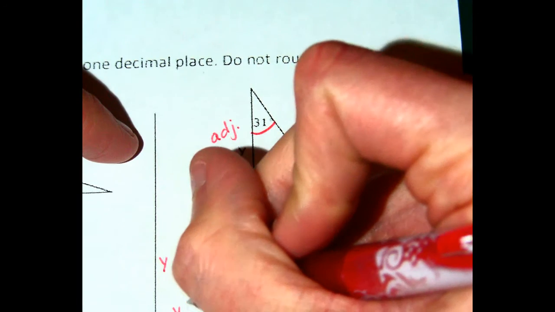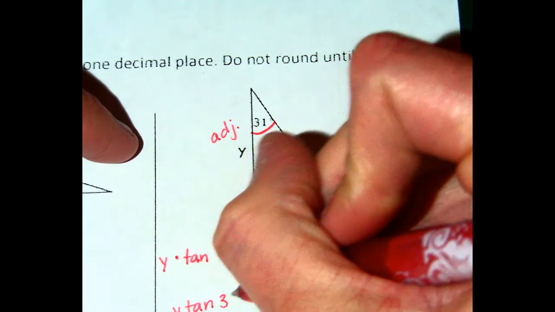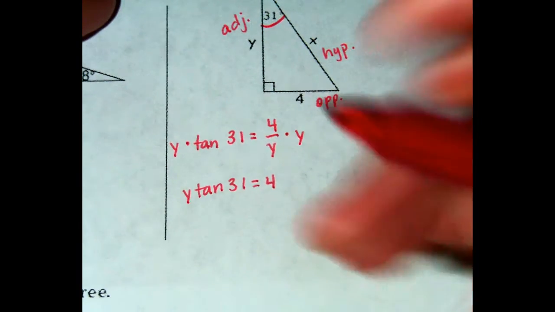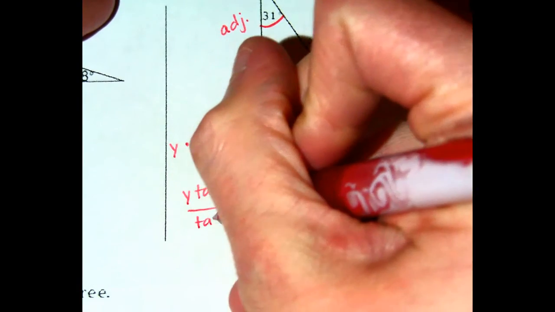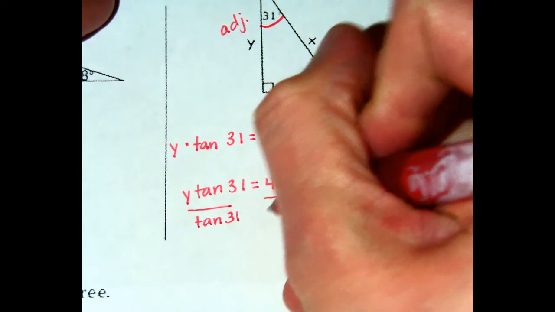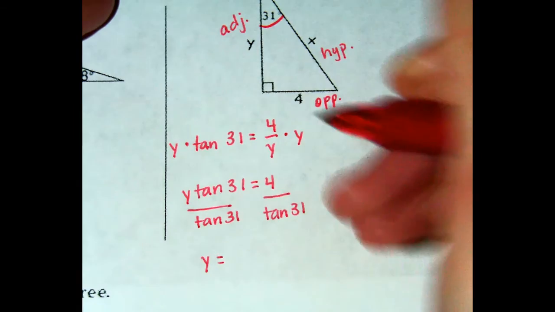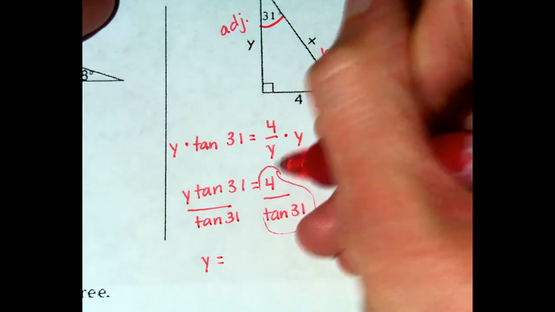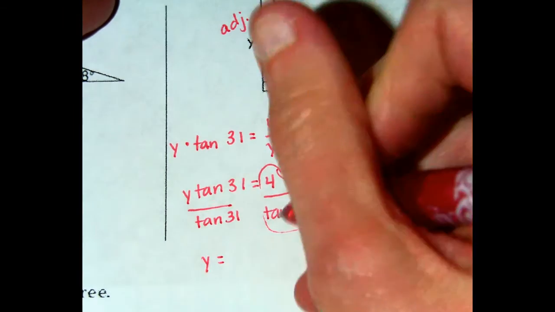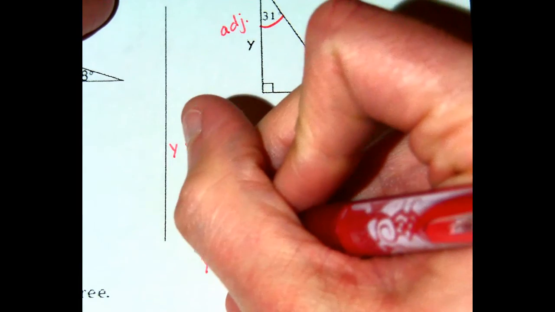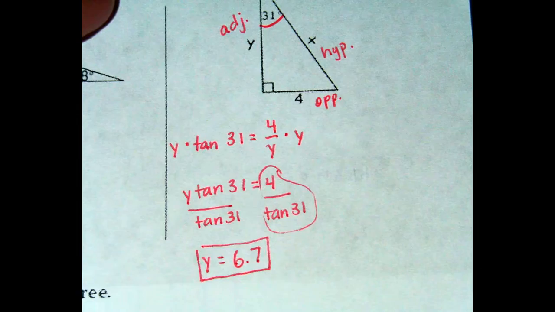Multiply and we get y times tangent of 31 equals 4. So then what'd you do? Some of you might write less steps, that's fine. Some of you don't need to write more. This is what you're typing in your calculator. What'd you get when you did that?